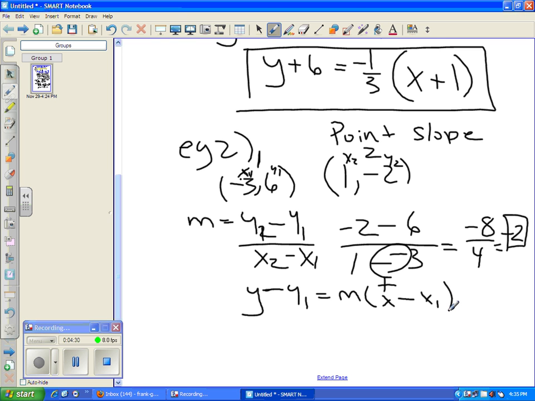So let's just fill in the blanks now. It's pretty easy from here. Y minus y1 is 6 is equal to -2 times x minus a -3, which becomes a +3. And that's how you do the point-slope form.